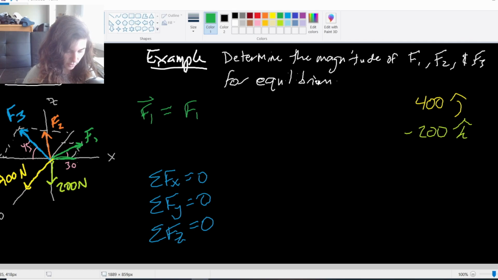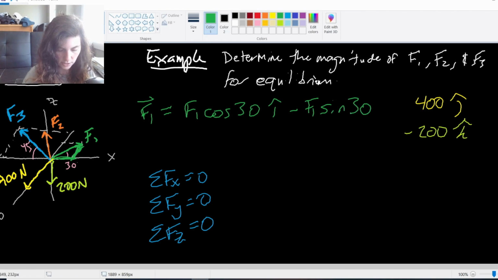That is a cosine 30, F1 cosine 30 i hat. That's our x direction, our x component. And then minus, he's going out in the negative y direction, minus F1 sine, because it is opposite the angle 30, minus F1 sine 30 j hat. And there's no z direction, it's entirely in the xy plane, so this completely describes F1.